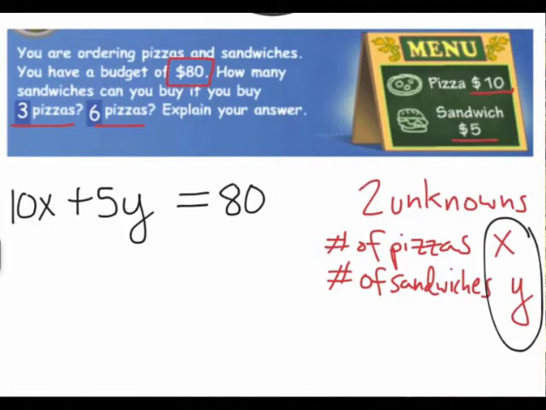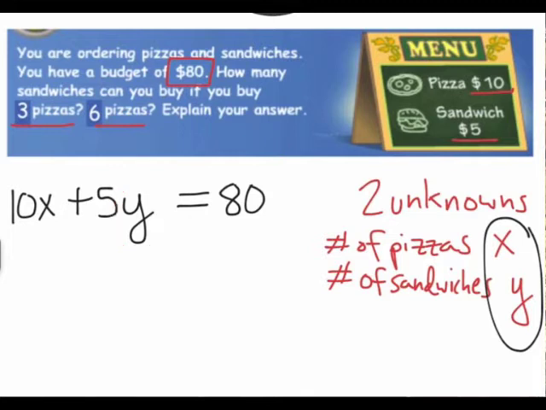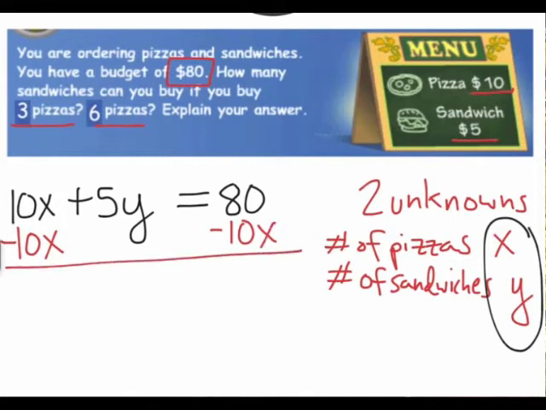So if I want to solve this equation for y, just like when solving equations when there's only one unknown, our goal is to get everything else to the other side of the equation to isolate y. Now, just like linear equations in one variable, our first step is going to be to subtract 10x, because we want to move the 10x to the right-hand side of the equation away from our y, and we have to work our way in toward the unknown.